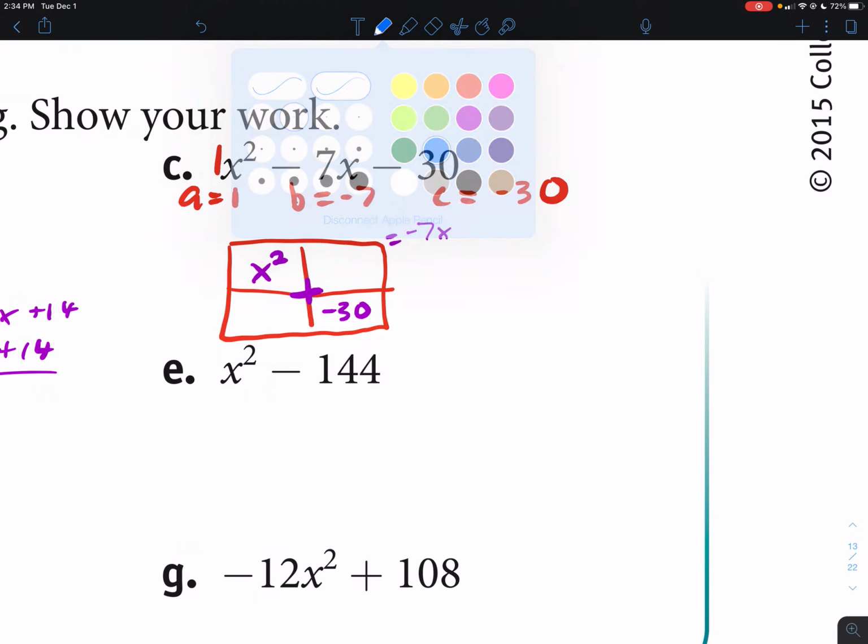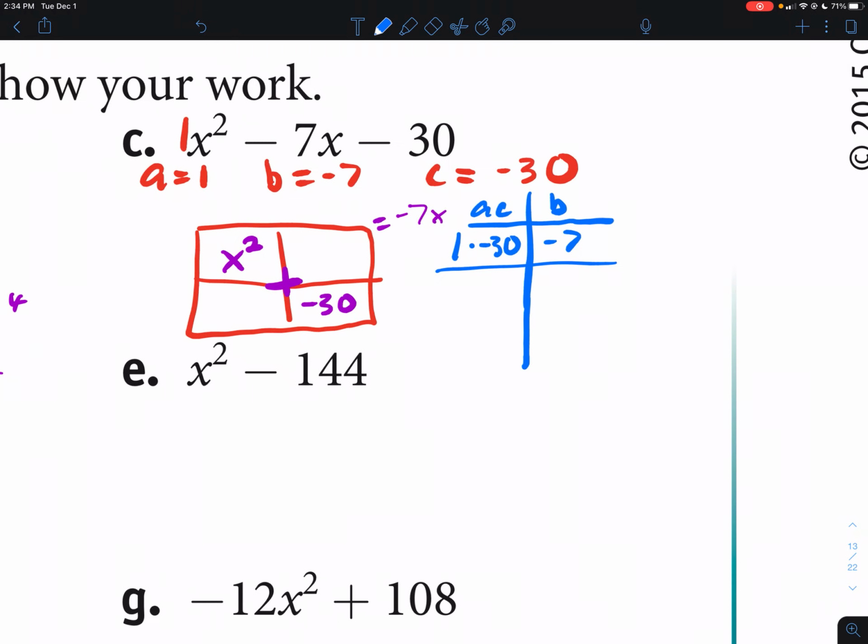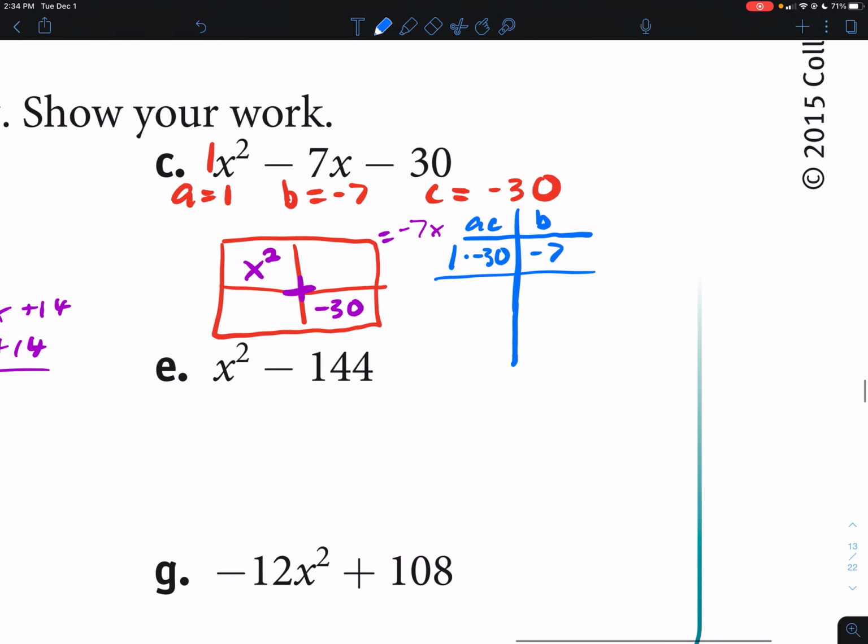So I'm looking for, make our A, C, B. A is 1, C is -30, and B is -7. So I'm working this out like how I'm going to work out every single one of these. So -30, I'm looking for numbers that multiply to give me -30, but add to give me -7.